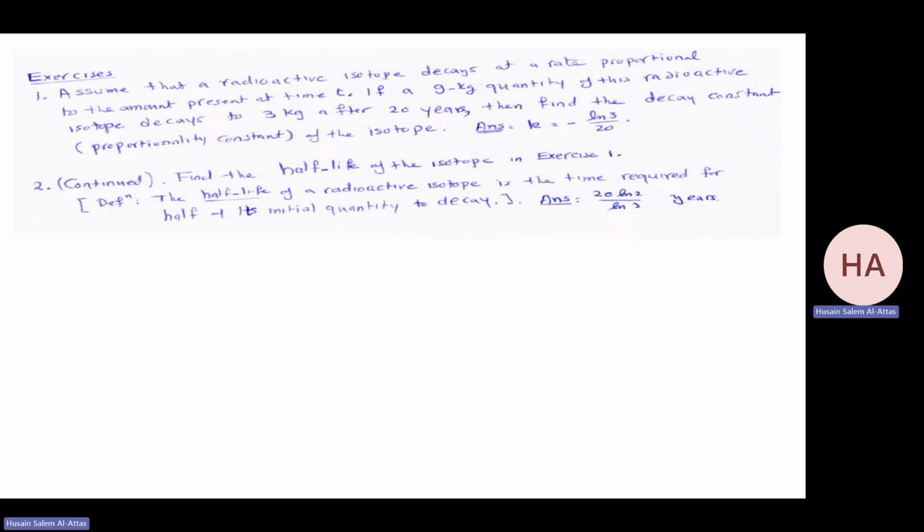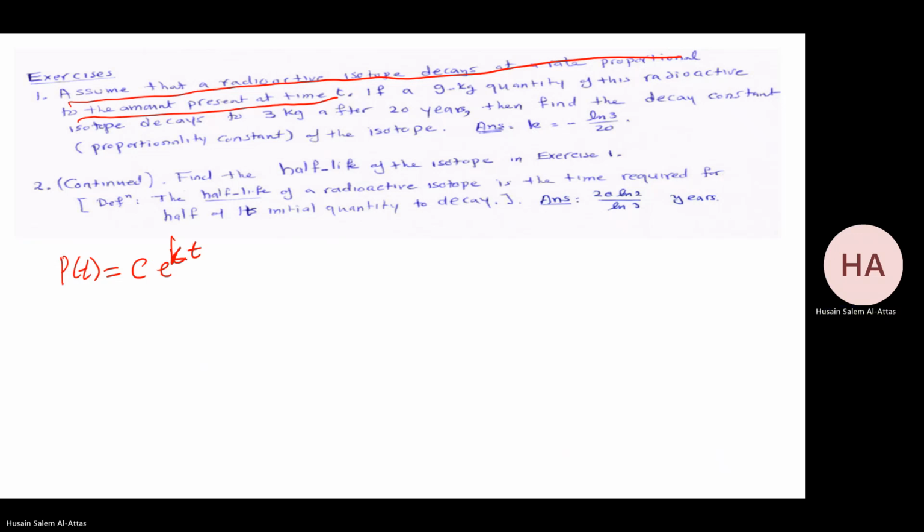Assume that a radioactive isotope decays at a rate proportional to this. This is the statement. Just to tell you, I have this equation: P of t equals C e^(kt). I have the differential equation, and this is the solution of that differential equation. Okay. A 9 kilogram quantity decays to 3.